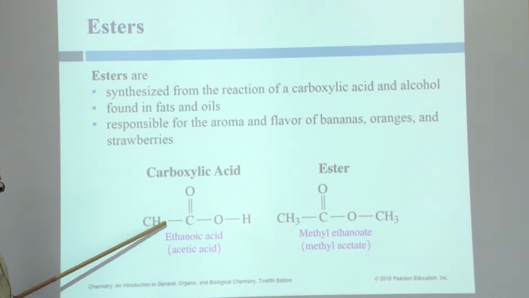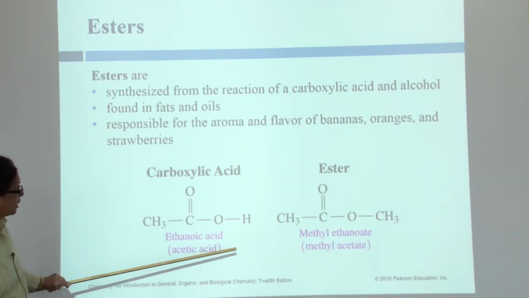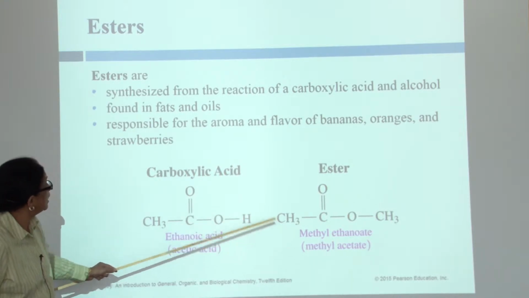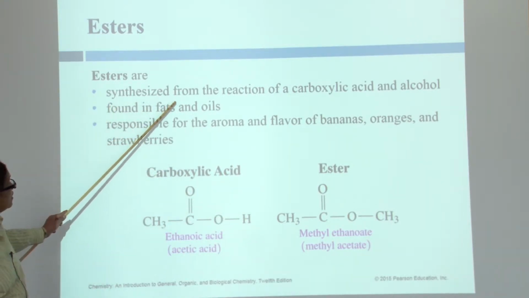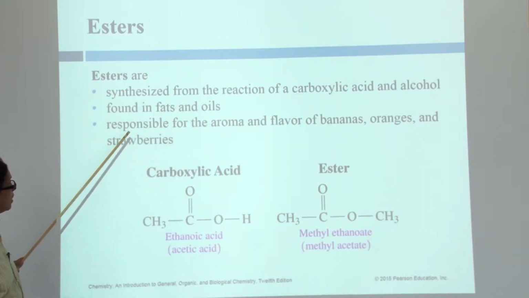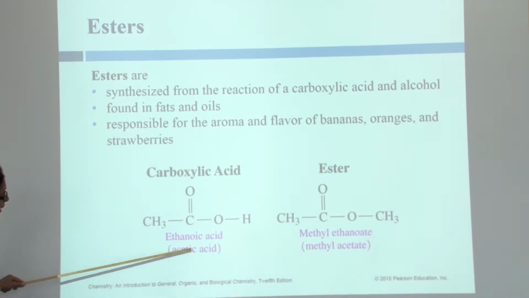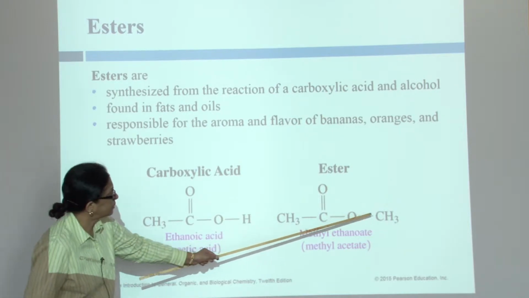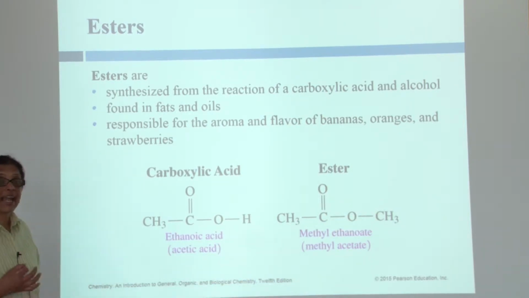So again, these are some simple esters we are looking at. This is an acid, this is an ester. Remember, we said that esters are synthesized from acid and alcohol. So this is an acid, and when we replace the hydrogen with the alkyl group, we are creating an ester.